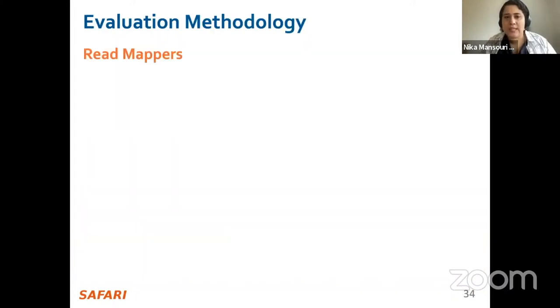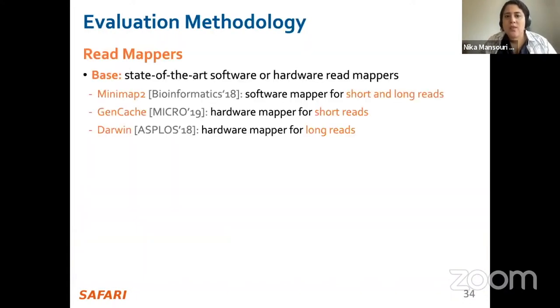We evaluate the following systems. BASE, which is the state-of-the-art software or hardware read mappers for both short and long reads, which shows that if you have a software read mapper or hardware read mapper, we can integrate GenStore with it. That's why we choose our baseline from various state-of-the-art mappers in software and hardware and for short or long reads.